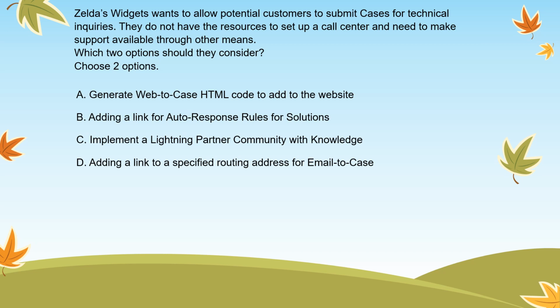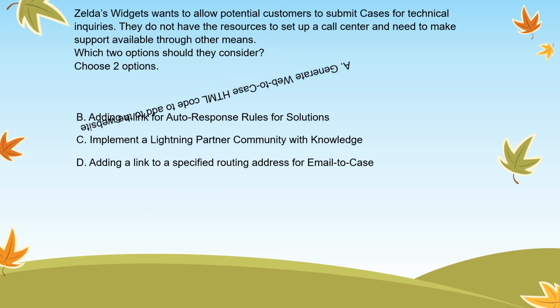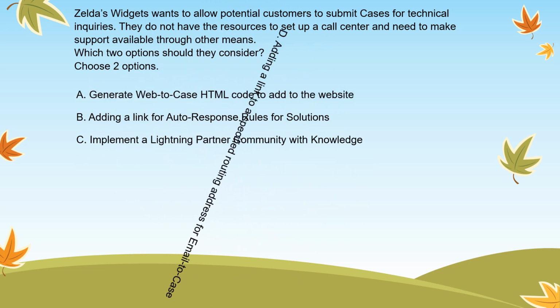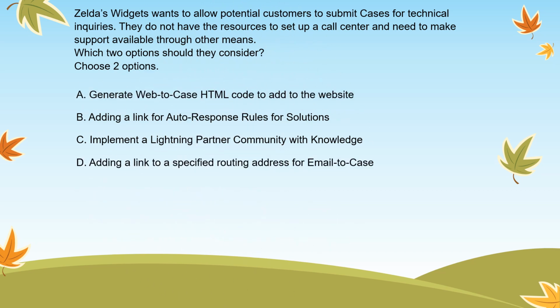You don't need to know how to write HTML. It will do it for you in your Salesforce app builder, and then you can add it to your website or give it to your website admin to add it for you. So we know it's going to be A and D. So we have A and D.